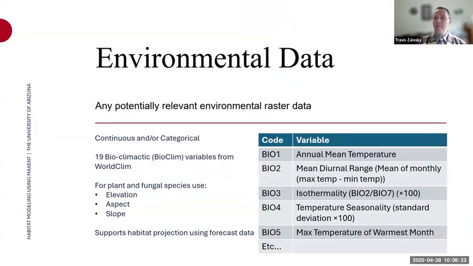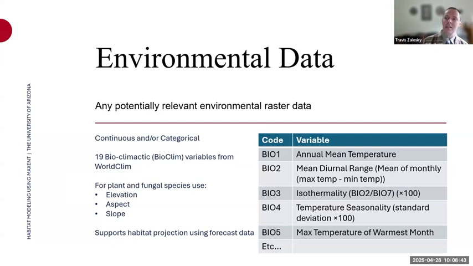So, once you have your species presence data and your bias file ready, you can get your environmental data. This is the potential explanatory data for your habitat model, and it can be anything that you think might be ecologically relevant to your species.